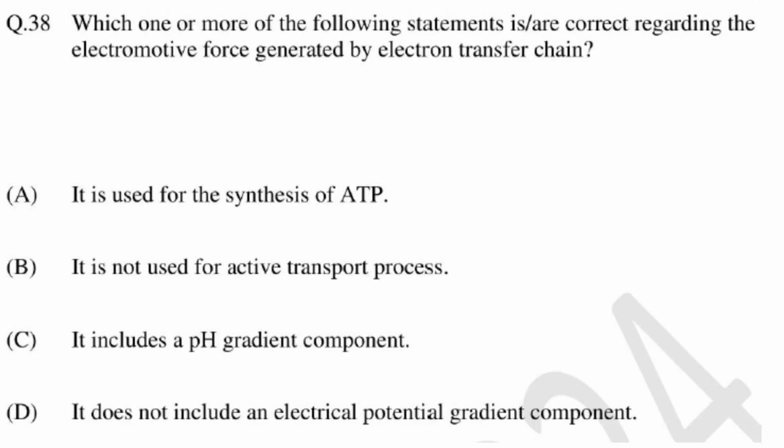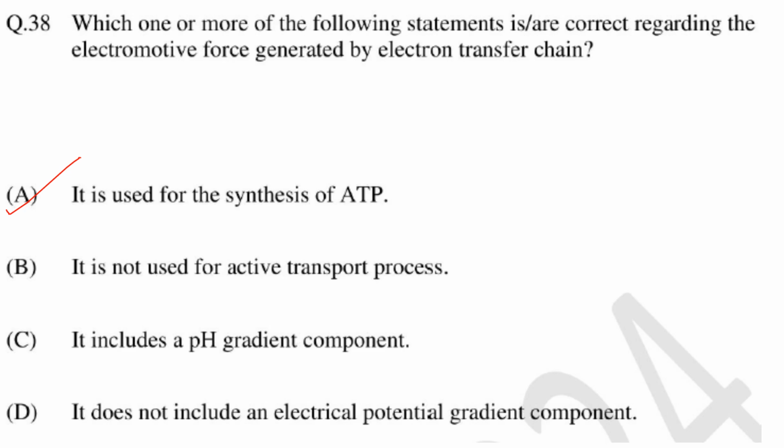Then next one. Which of the following statements is or are correct regarding the electromotive force generated by electron transfer? It is used for the synthesis of ATP. That's correct. Chemiosmosis is the method for ATP synthesis, and this process involves a proton gradient or a pH gradient across the membrane, and it is composed of both an electrical potential gradient and a chemical gradient.